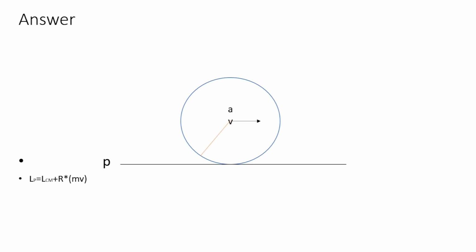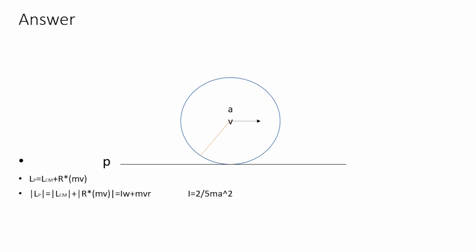CM means center of mass, and R equals the position vector of the center of the sphere with respect to point P. Therefore, modulus of L_P equals modulus of L_CM plus modulus of R cross mv, because we just want the value, not the direction. That equals I omega plus mvR, where I equals 2 by 5 ma squared. I is the moment of inertia of the solid sphere about the center of mass.